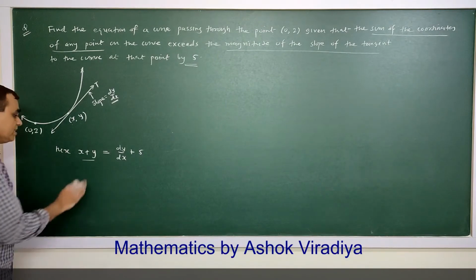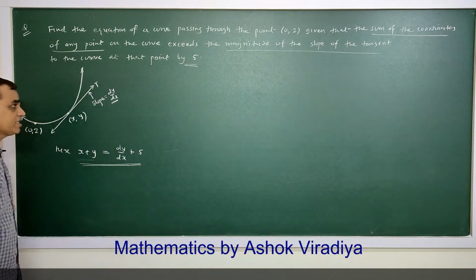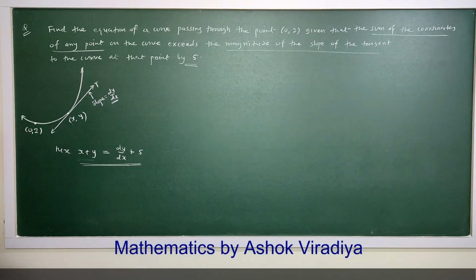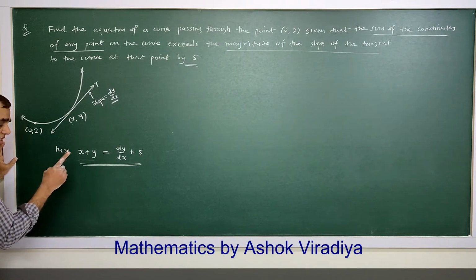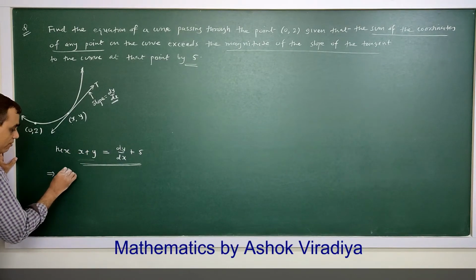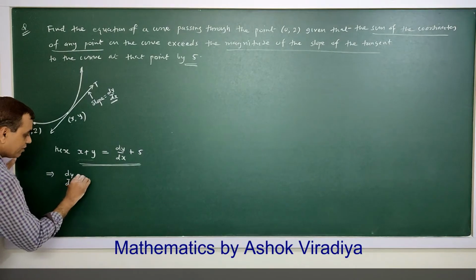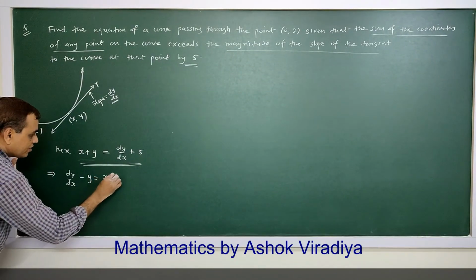So here this is the differential equation. It is obtained from this statement. So we solve this equation. To solve this equation, putting this in standard form, dy by dx, y I am shifting on the other side, so minus y equal to x minus 5.